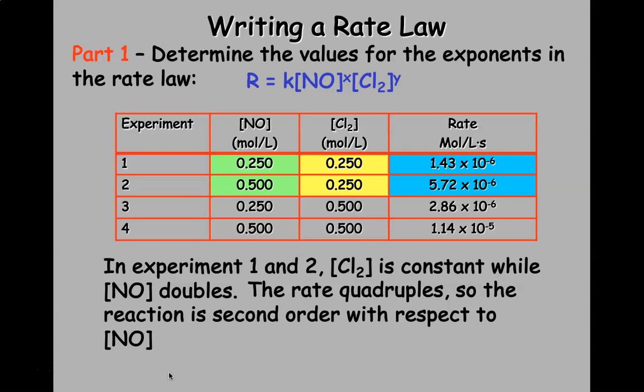If you solve for x, you get 2. That's why NO has an exponent of 2, or second order. So now rate equals k times NO to the second power times chlorine to some unknown. Questions?